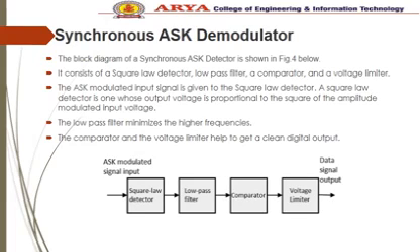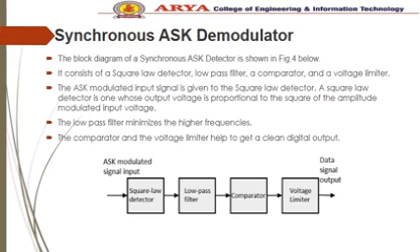Synchronous ASK detector. The block diagram shows the synchronous ASK detector. It consists of a square law detector, a low pass filter, a comparator and a voltage limiter. The square law device is one whose output is proportional to the square of the amplitude modulated input voltage. Firstly, the input is given to the square law device which squares the signal.